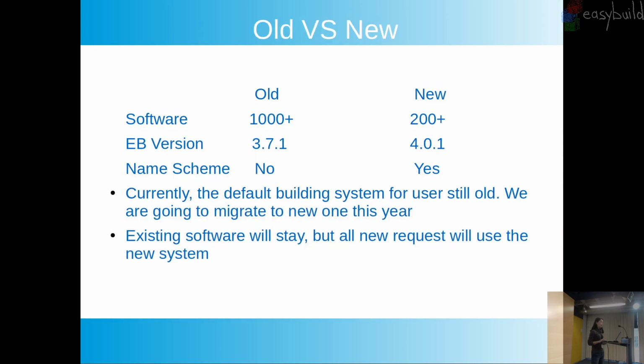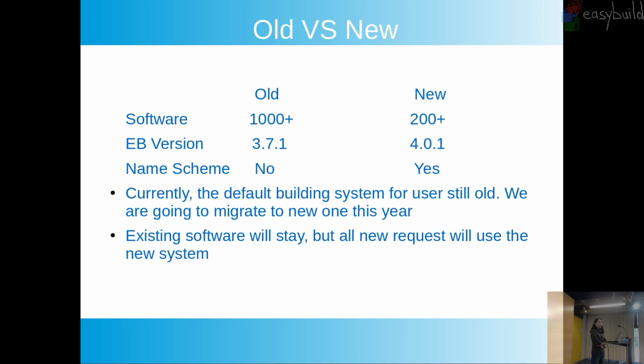Comparing the old one to the new one: in the old one, we have installed 1,000-plus applications, and the new one, because we only started at the end of last year, only has 200. The versions are different, and we use a naming scheme for the new one.